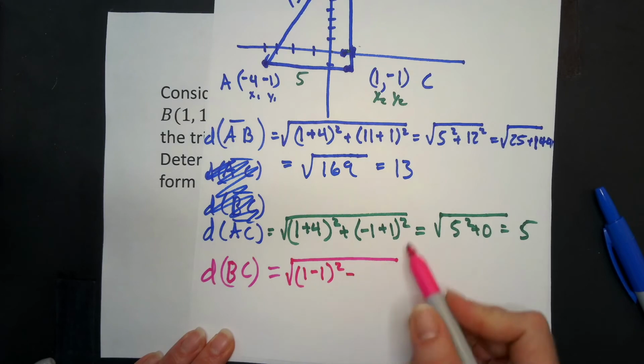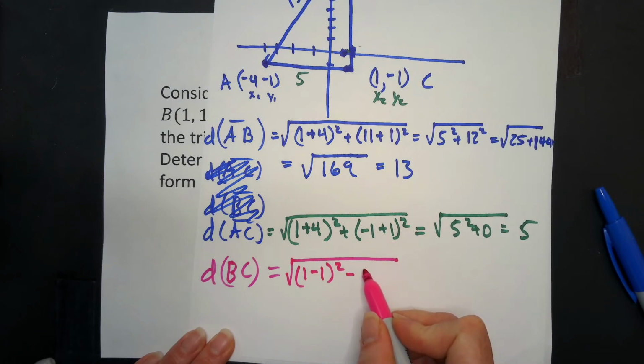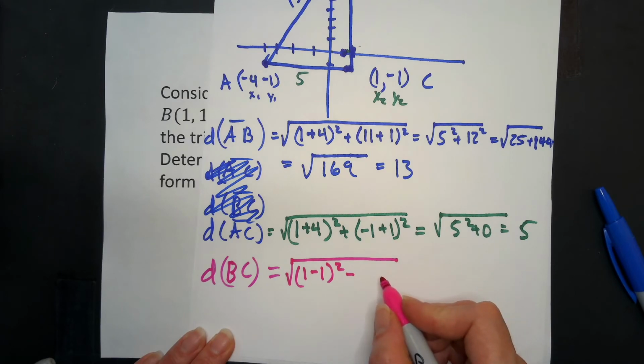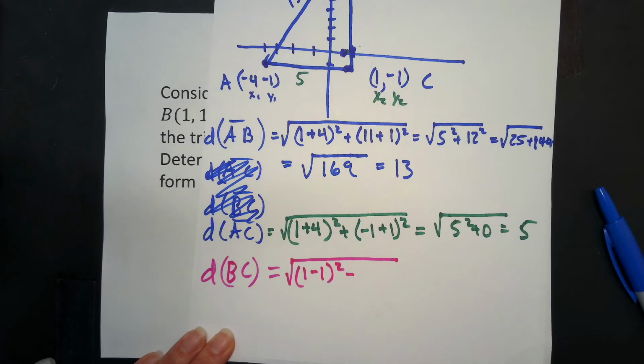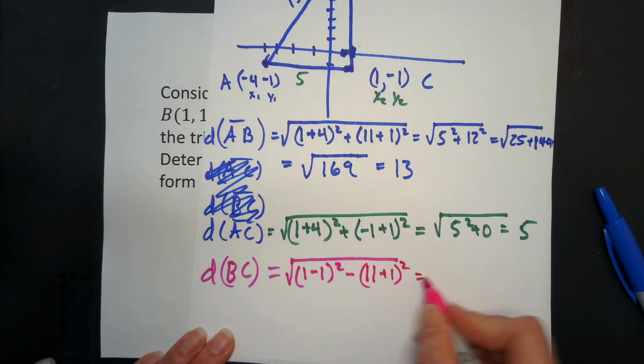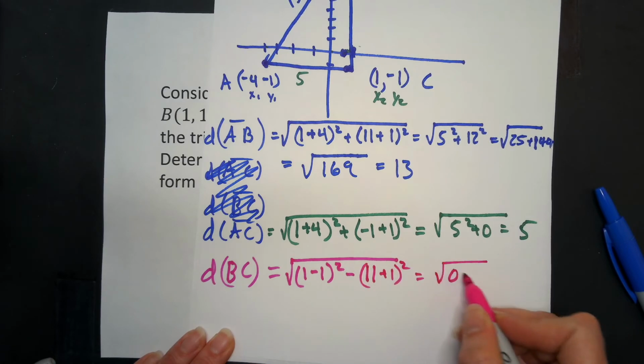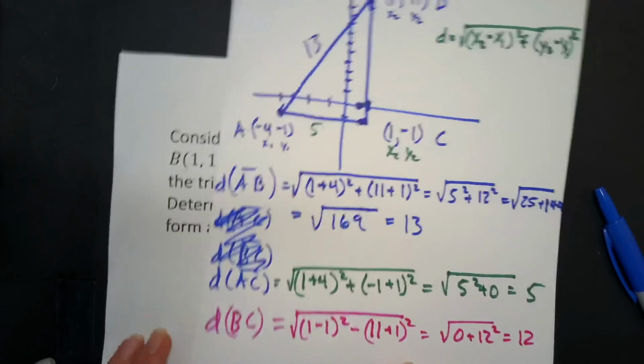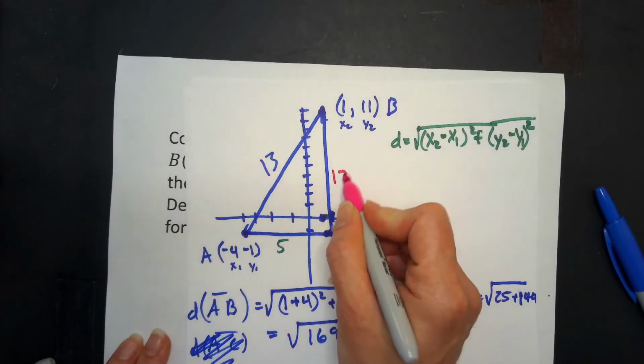And then your y coordinates, if B is your first point, it doesn't matter which order you do it in, because you're going to square it. As long as you get the signs right, you're fine. So I could say 11 minus a negative 1, and that will give me 12. So I'm going to get the square root of 0 plus 12 squared, which is 12.